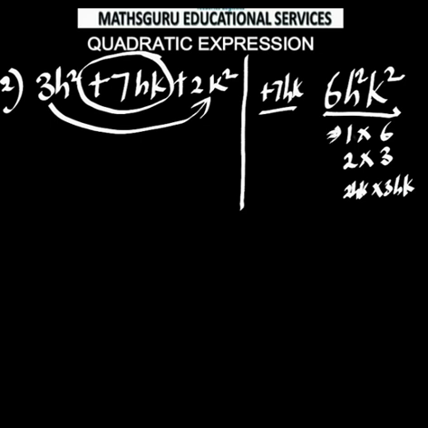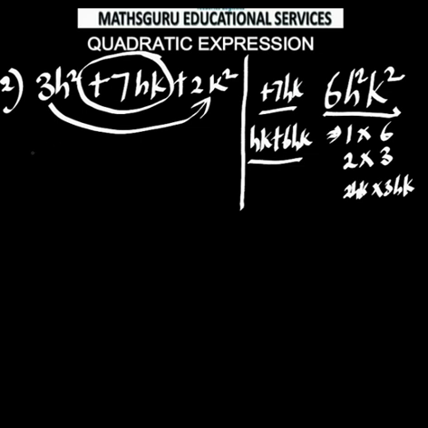Now, hk times 6hk will give us 6h squared k squared. And hk plus 6hk will give us 7hk. So in place of this positive 7hk, we're going to put positive hk plus 6hk.